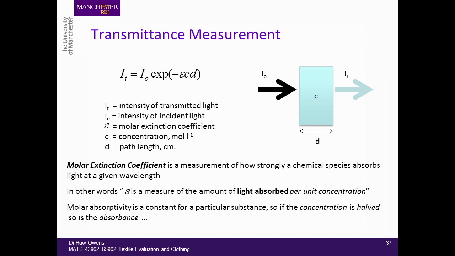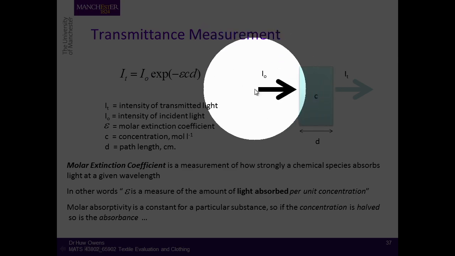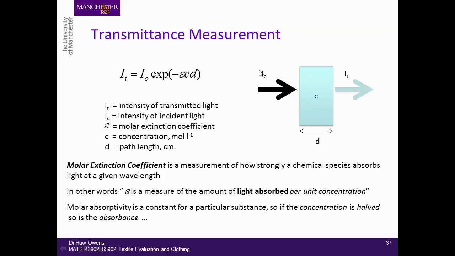Alright, so these instruments, they don't measure absorbance. They measure transmittance. What's gone through our coloured liquid. So if we start off here, our light source is here, and this is the intensity of the incident light, the original light source. Then we've got our cuvette, and in our cuvette, our little piece of glassware, we've got our coloured solution.